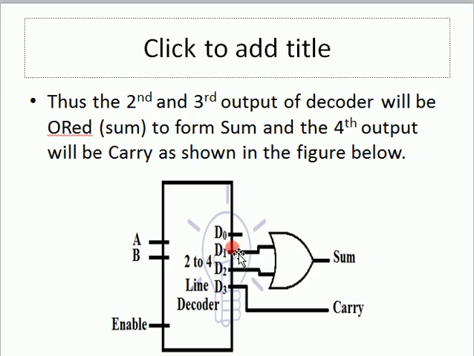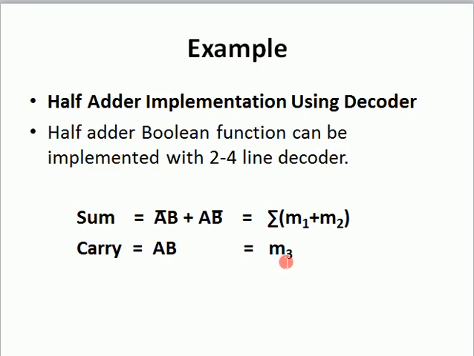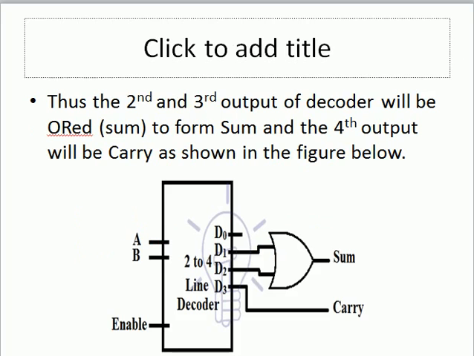So here we have the OR gate and the sum is here. Now you see what the carry is. Carry is equal to M3, AB. So AB is here at D3, and that is the carry output. So basically we have made a circuit of a half adder by using a 2 to 4 line decoder.